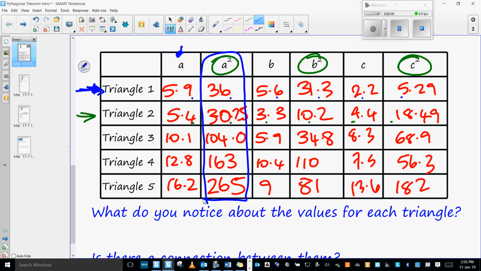Not necessarily the actual numbers. Is there anything special about this number here compared to this one and this one, or this number compared to these two? Is there anything special about those numbers?